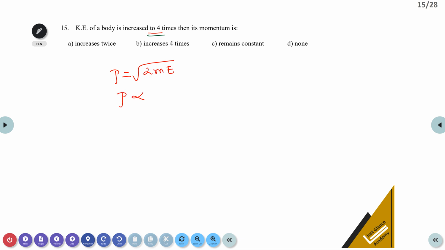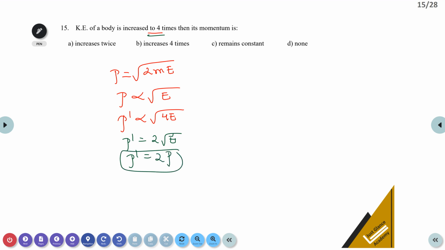Here P is directly proportional to square root of E. Now P dash is proportional to square root of 4E, because it increases 4 times. So P dash equal to 2 into P. How many times does it increase? Doubled. It increases twice.